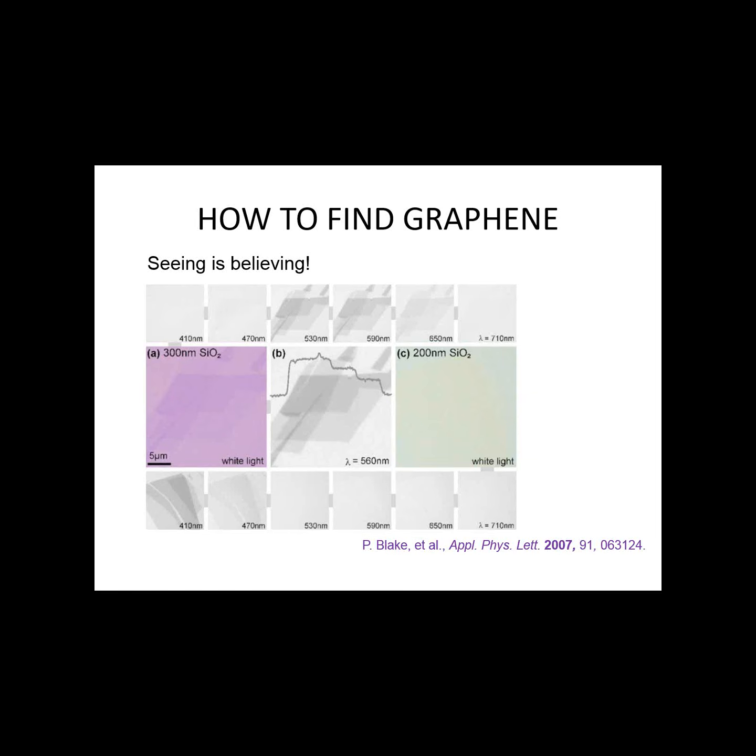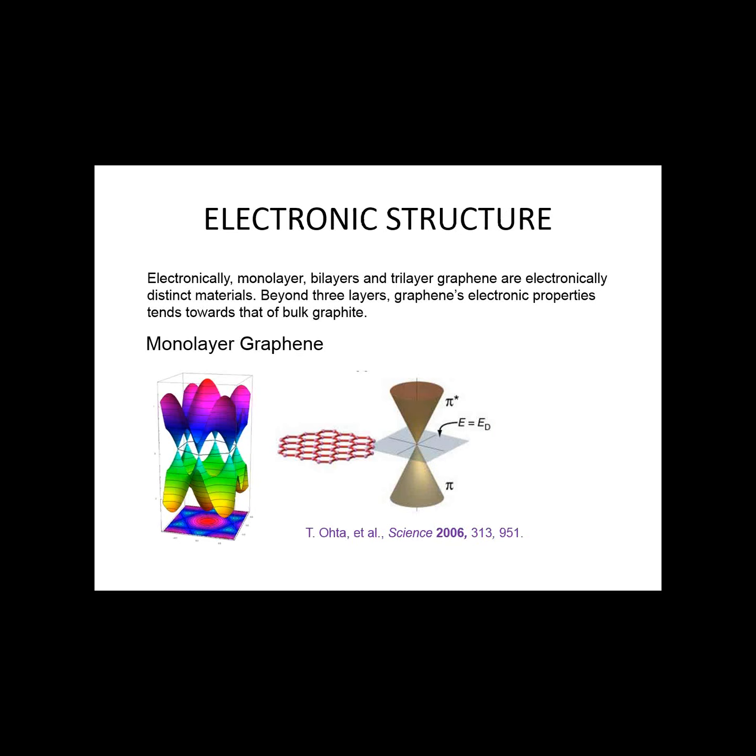You don't need an electron microscope or anything like that to see the graphene, which I think allows you to easily identify it, especially, for example, in the AFM, you can just see the graphene in the optical microscope and go with the tip and look for it there, which makes life very easy. And also for device fabrication, it makes life very easy.